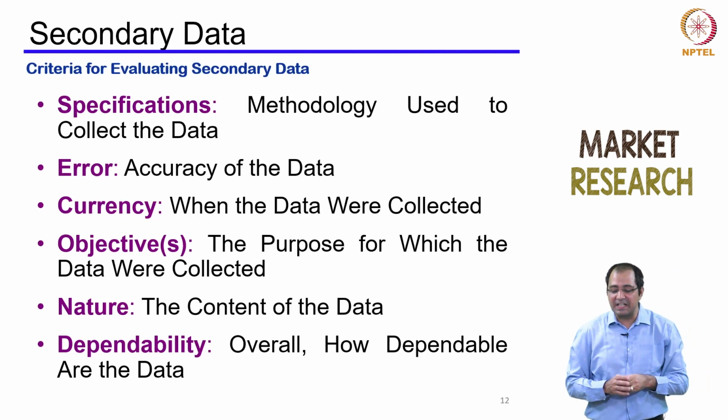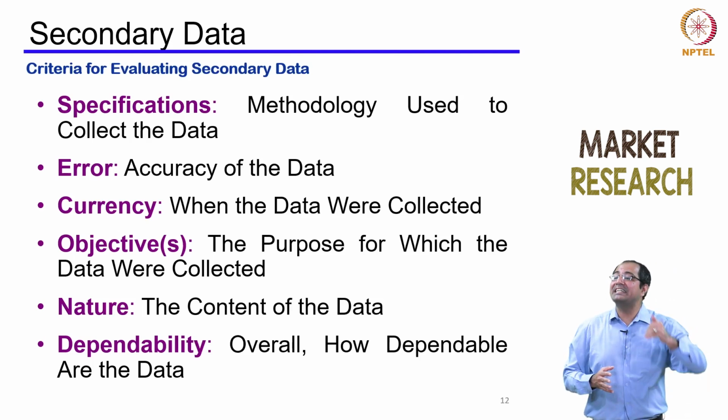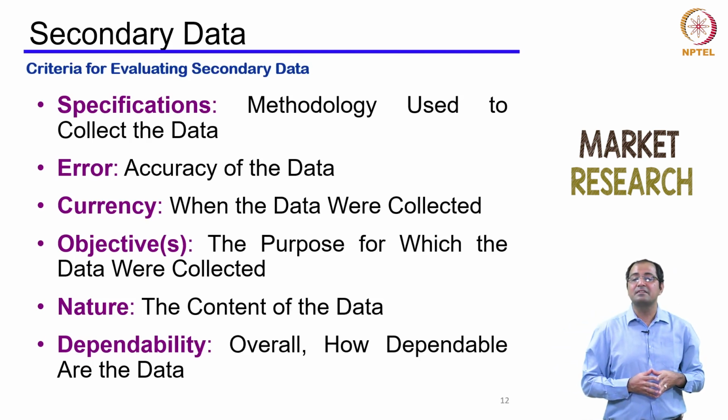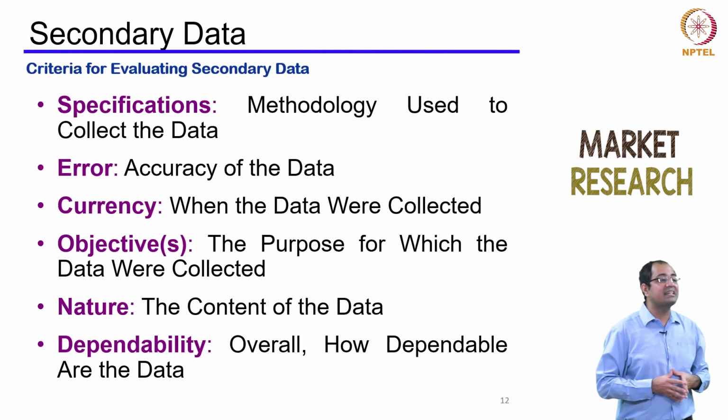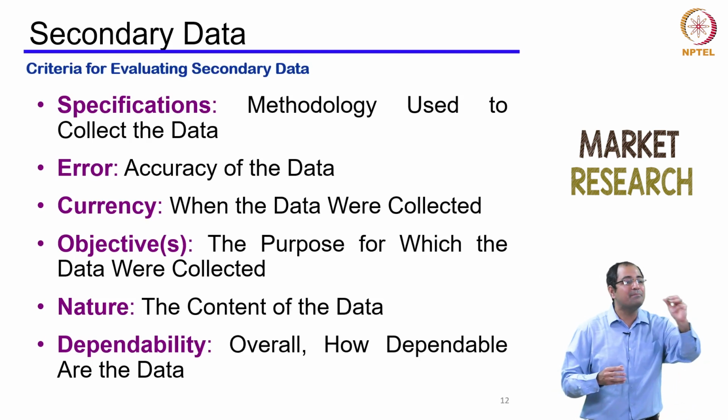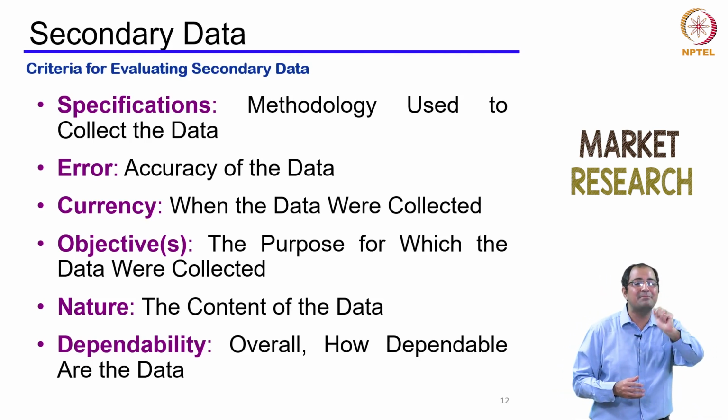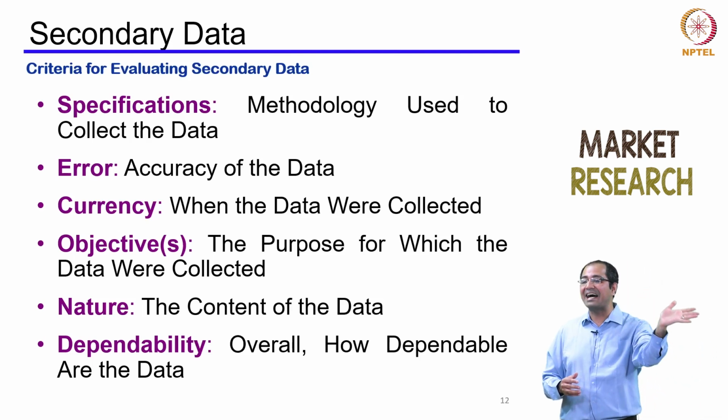All those things: how the data was collected, was it bias free in the way it was collected. Whether the methodology is mentioned and whether it looks fair and unbiased.